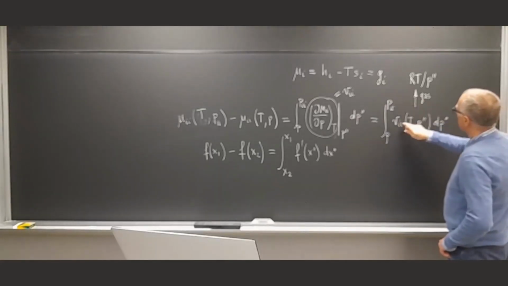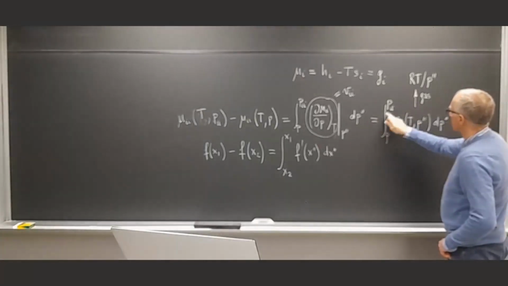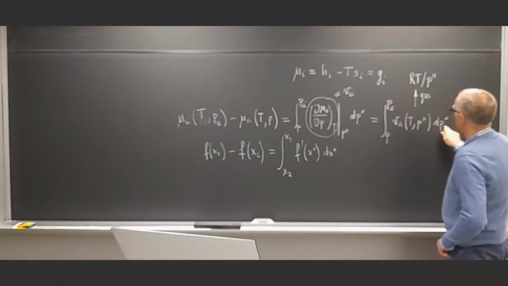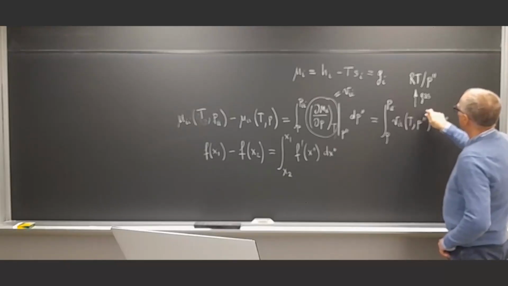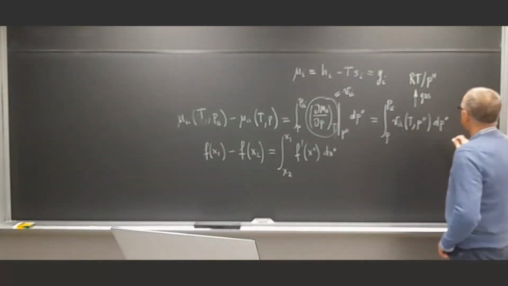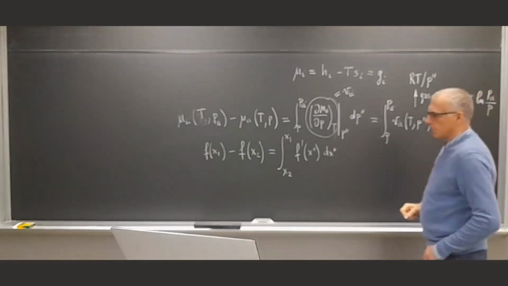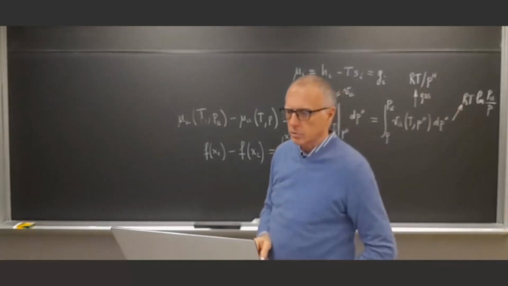And so when I do this integral, RT goes outside because I'm integrating over P double prime, and the integral of 1 over P is the logarithm. So that gives me the formula RT log of PII over P. And that's for the gas.